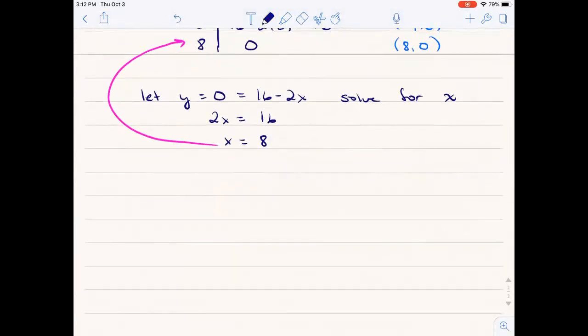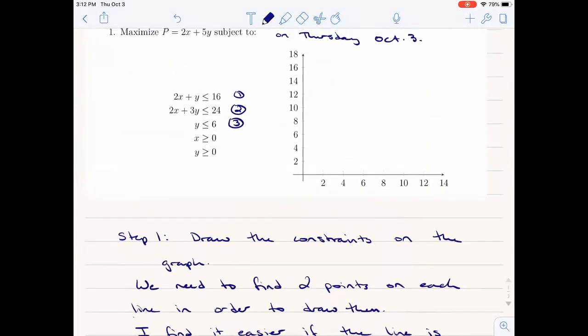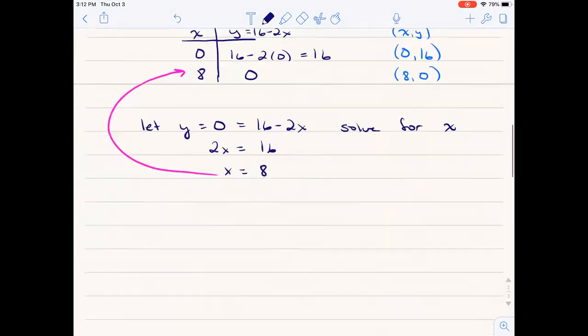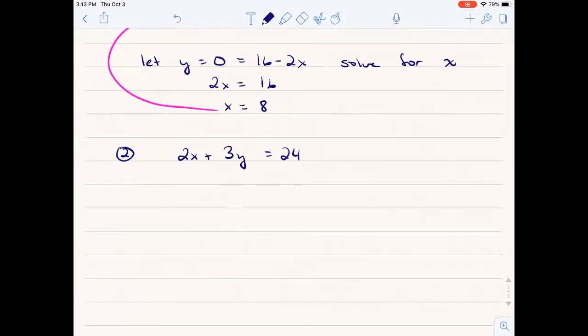How about equation 2? Equation 2 was 2x plus 3y is equal to 24. Solving for y again, I get 3y is 24 minus 2x.